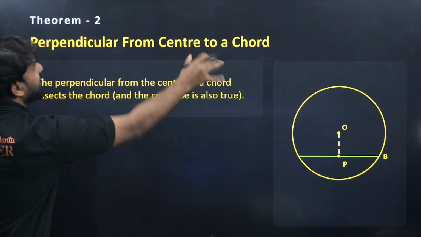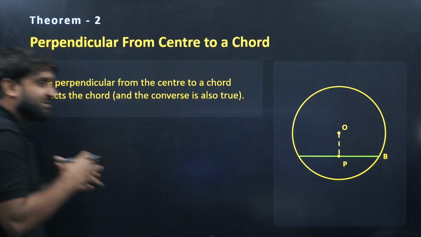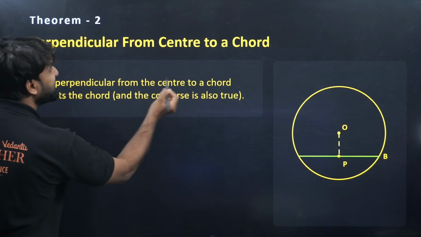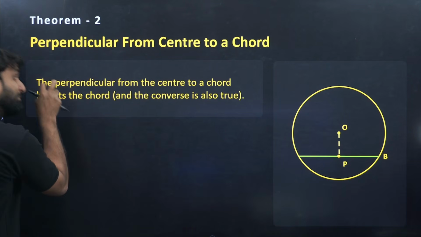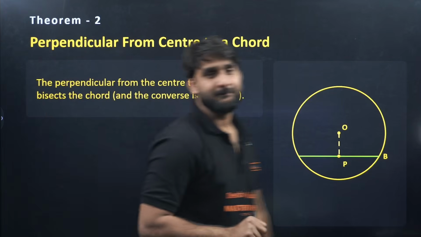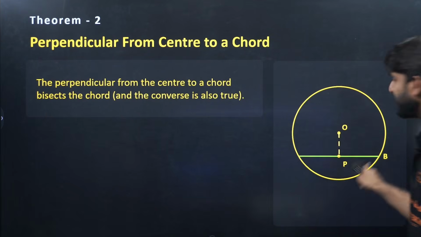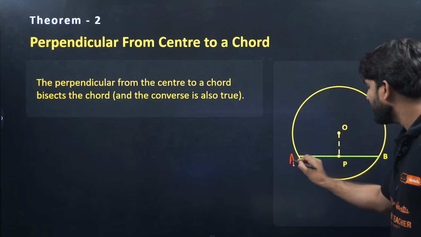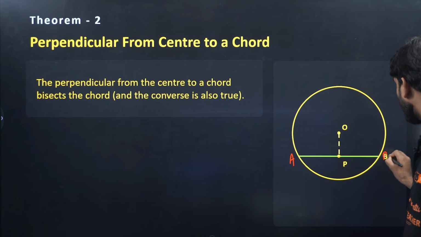Perpendicular from center to a chord. So my dear, this is a very interesting theorem. This theorem says that the perpendicular from the center to a chord bisects the chord. Let's say we have a circle here, and we have a chord here. This is A and this is B. AB is a chord.